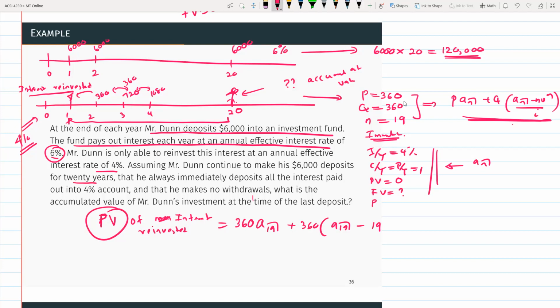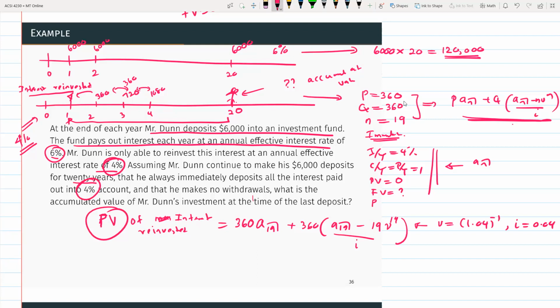V is, we have to use 4% because of that account. So V is actually 1.04 to the power negative 1. Let me write V^19 over i. So for this one, V is 1.04 to the negative 1 and i is 0.04.